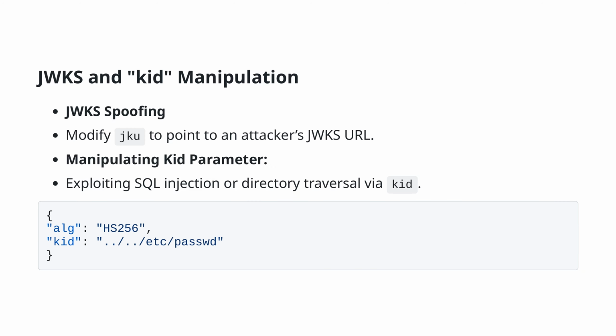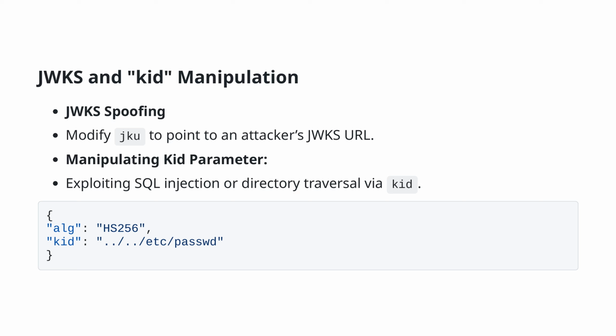In this slide, we are focusing on two main vulnerabilities: JWKS spoofing and manipulation of the KID parameter. JWKS, or JSON Web Key Set, is a set of keys that can be used to validate the signature of JWTs. By modifying the JKU header field in a JWT, an attacker can redirect it to a malicious JWKS URL under their control, allowing them to spoof the keys and manipulate the token verification process.